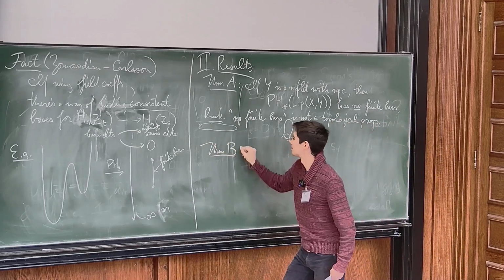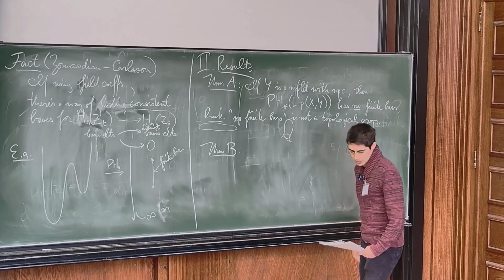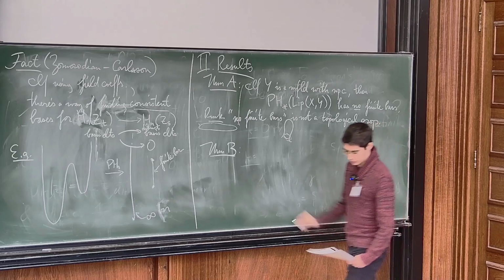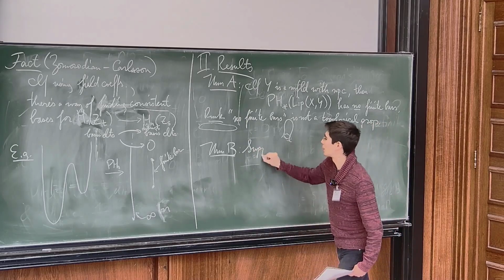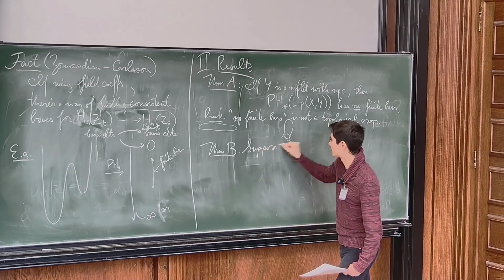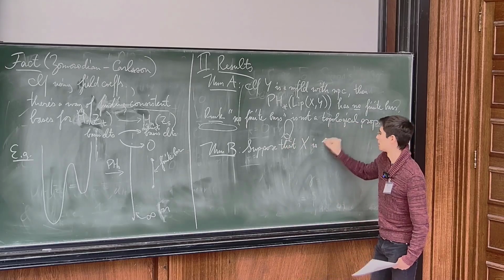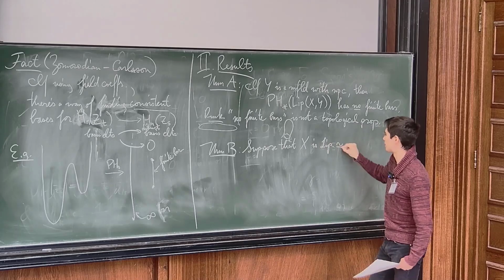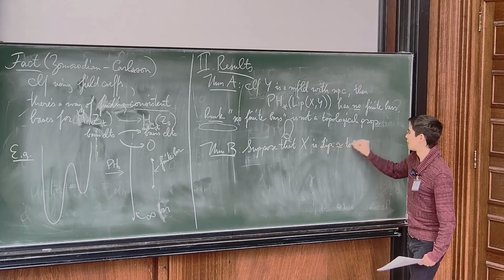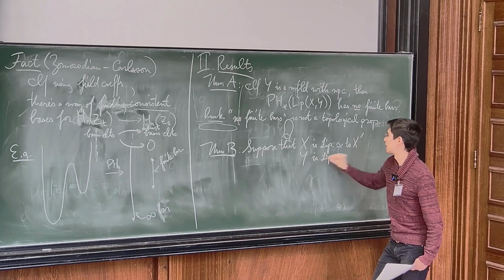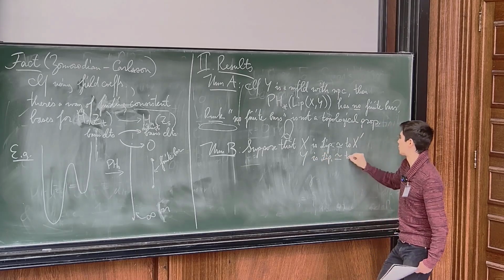Okay, so let's fix this issue. Suppose that X is Lipschitz homotopy equivalent to X prime, and Y is Lipschitz homotopy equivalent to Y prime.